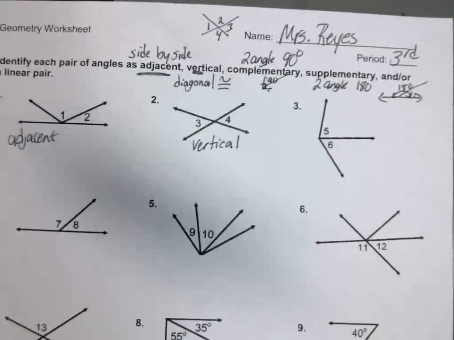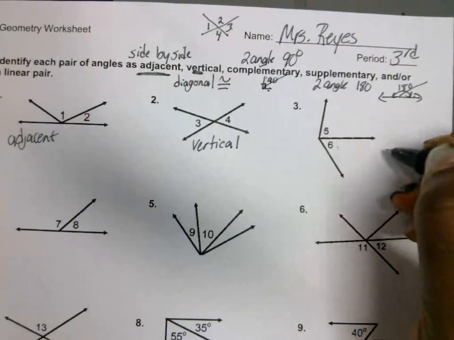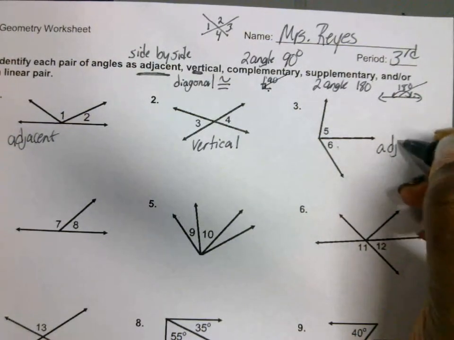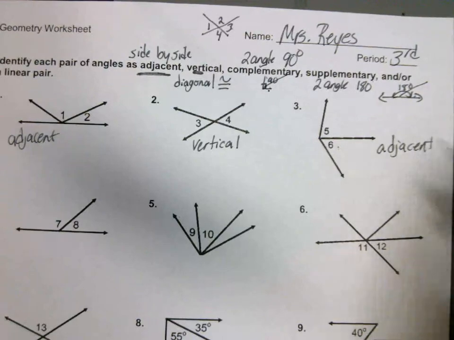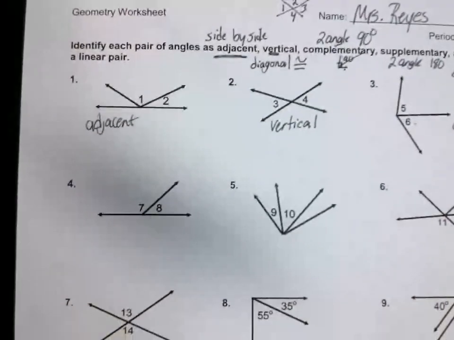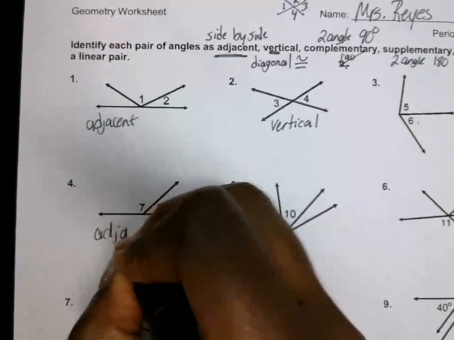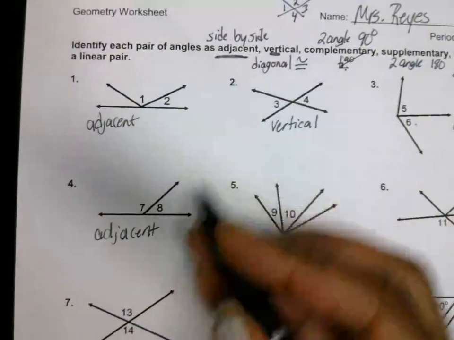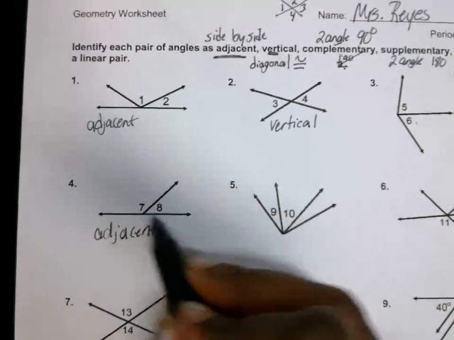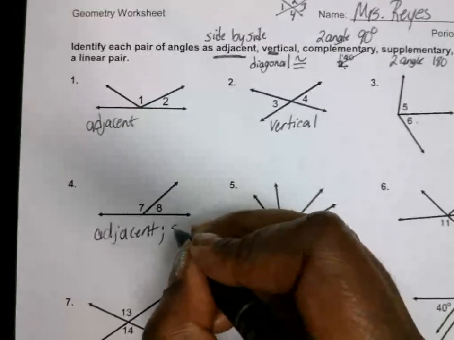Number 3, they're side by side. They are adjacent. Number 4, adjacent. And what else? No, not complementary. They're supplementary. They add up to 180 degrees. It forms a straight line. So they are adjacent and they're supplementary.